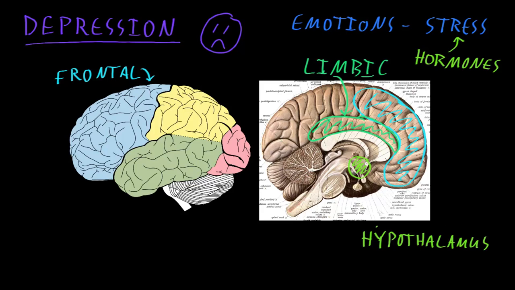And the hypothalamus talks back and forth to many areas of the brain, but two areas in particular that it communicates with back and forth are the frontal lobes and the limbic structures of the brain. So it's thought that perhaps abnormal communication between the frontal lobes and the limbic structures and the hypothalamus in major depressive disorder play a role in why there are these abnormal concentrations of certain hormones related to stress in the bloodstream of these patients.